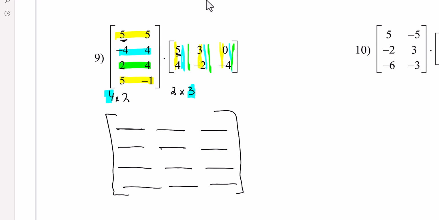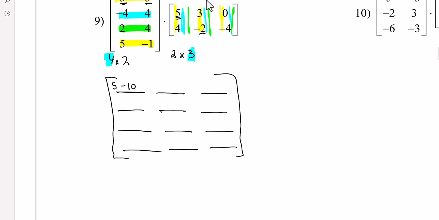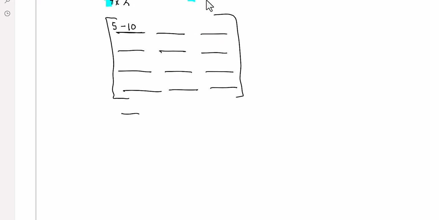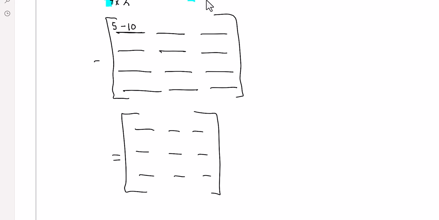So 5 times 5 is 25, plus 5 times negative 2, well, that's negative 10. This is the end product right here.